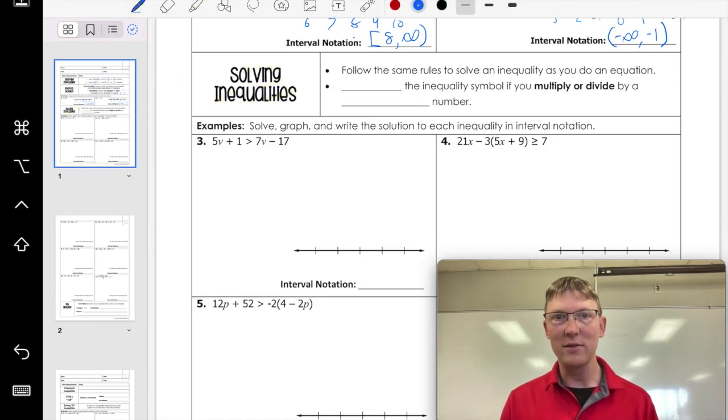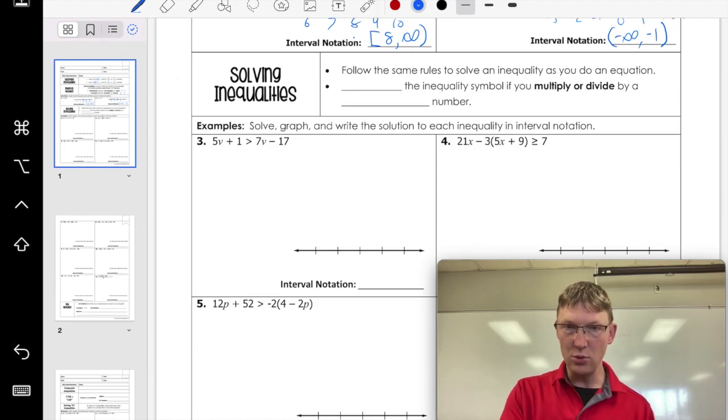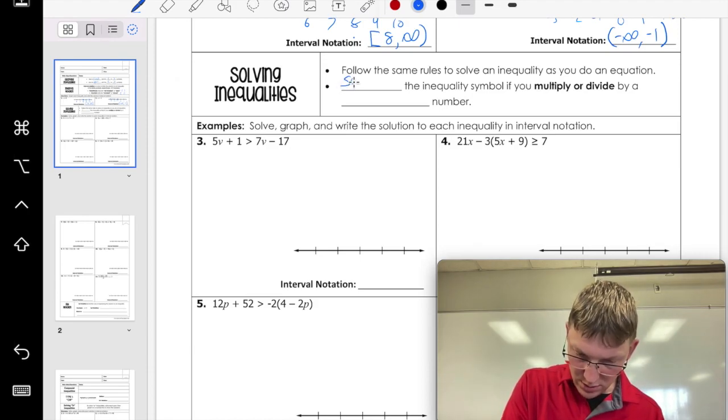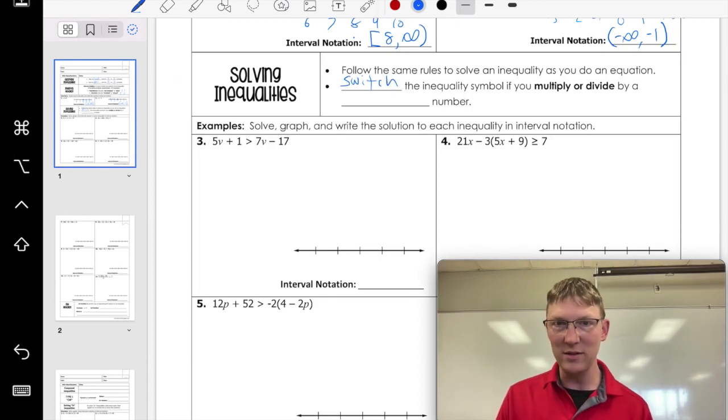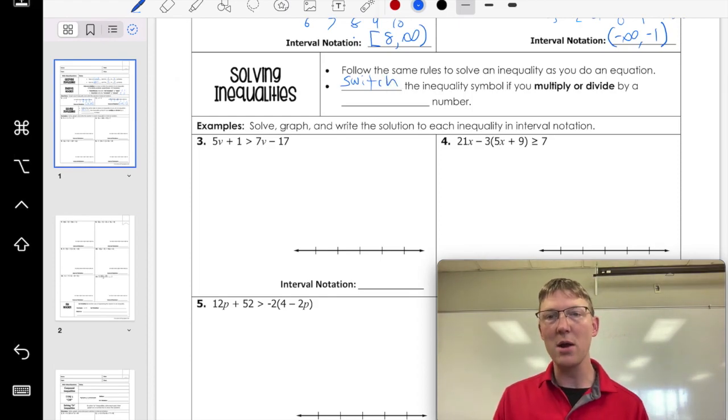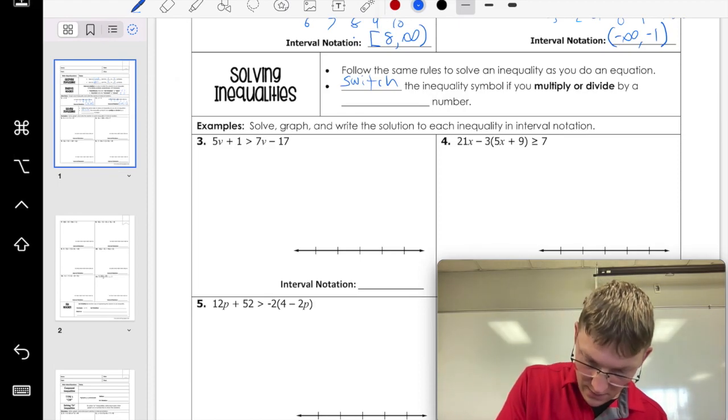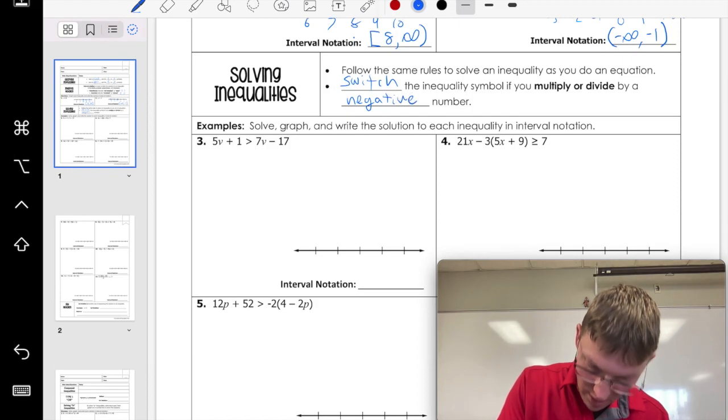It says, follow the same rules to solve an inequality as you would an equation, except you will switch the inequality symbol if you multiply or divide by a negative number.